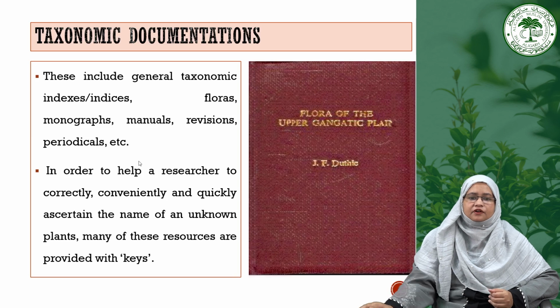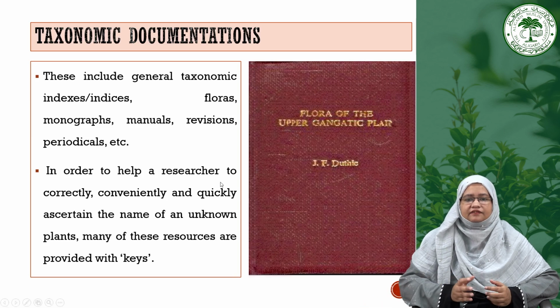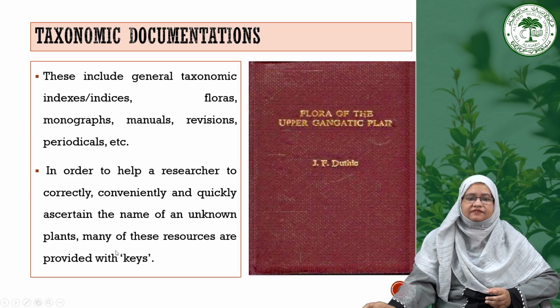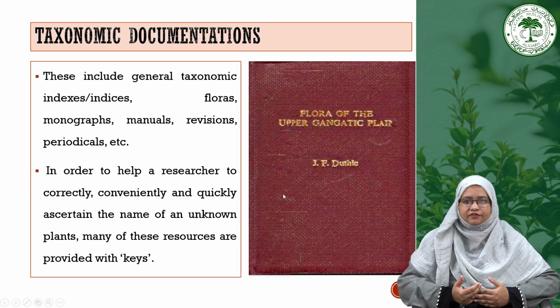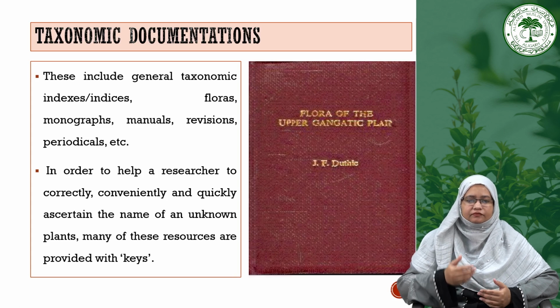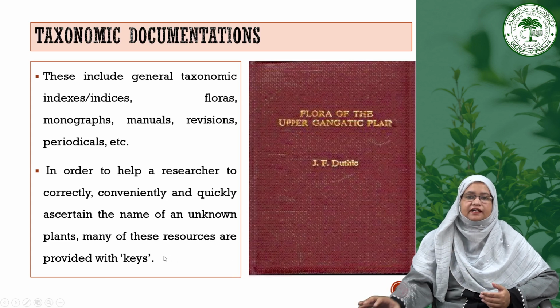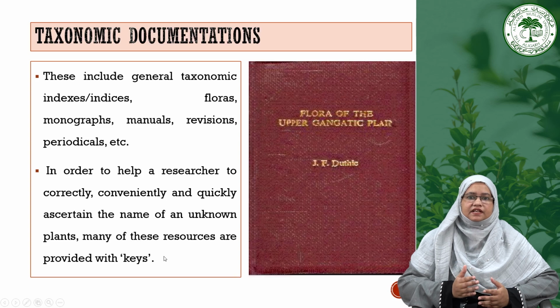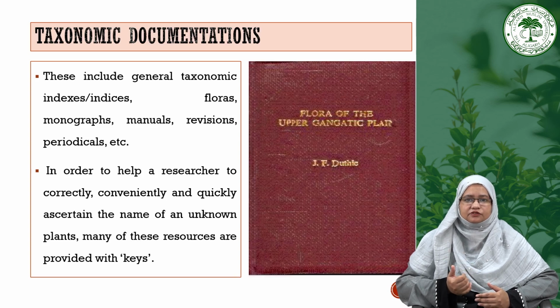They help a researcher correctly, conveniently and quickly ascertain the name of an unknown plant. So many of these resources are provided with keys. That's why keys are very important, because suppose a particular flora has 500 pages; we cannot study all 500 pages at a time. These keys provide a shortcut, so that by studying through these keys we can reach the desired plant.